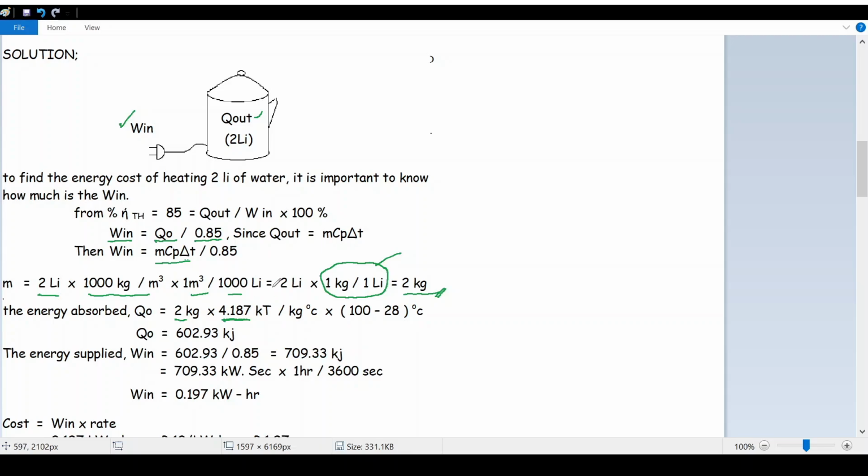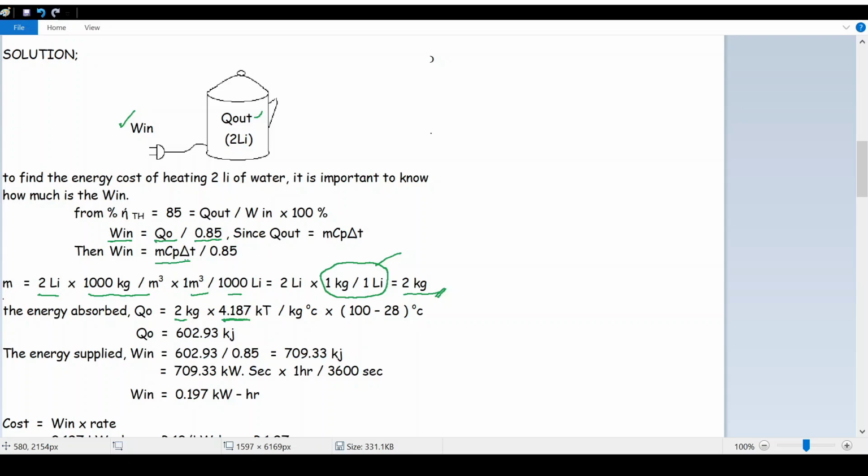So it is important that your Cp is aligned to the unit of the unknown value, so that it would be simpler to convert the units into the unknown value.